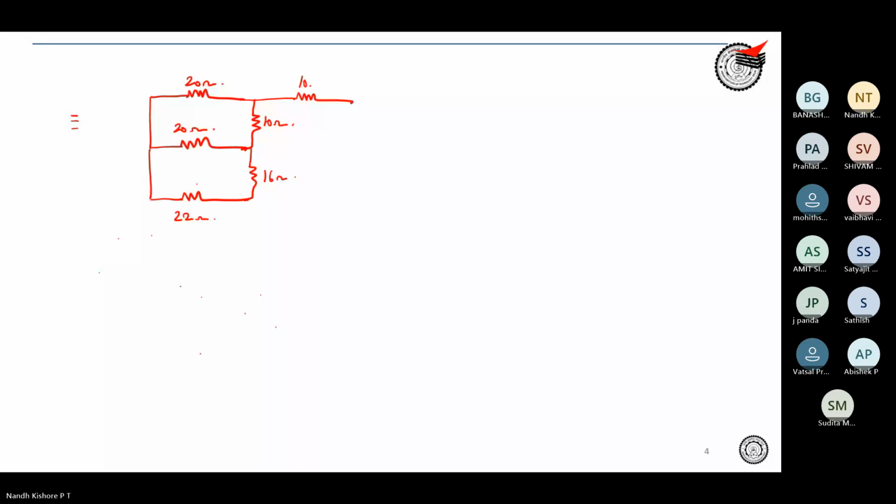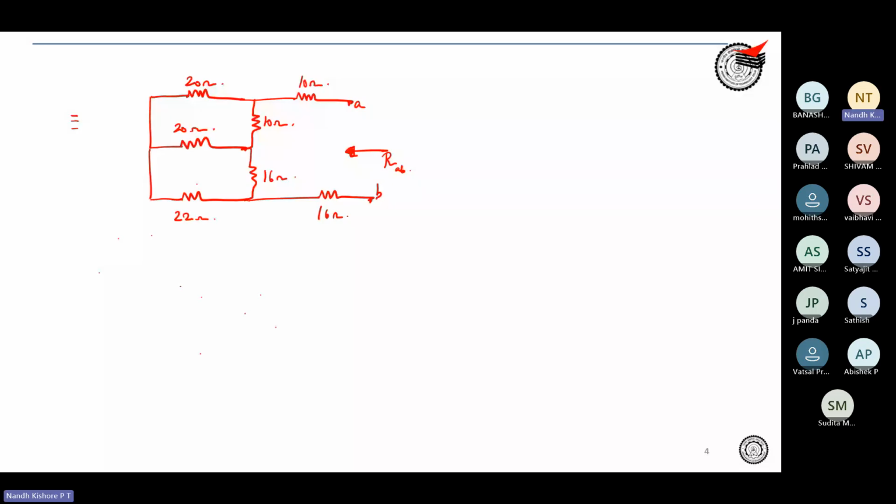This is your A, this is your B. We want to see the equivalent resistance as seen from here.